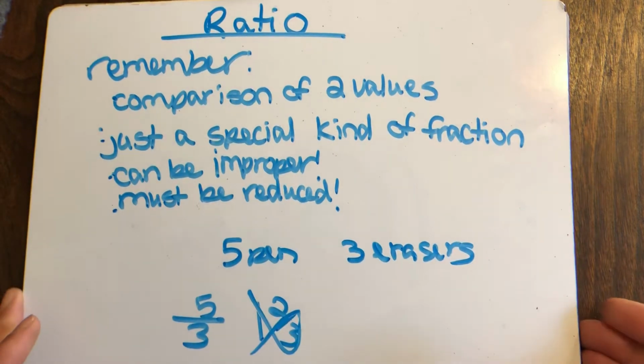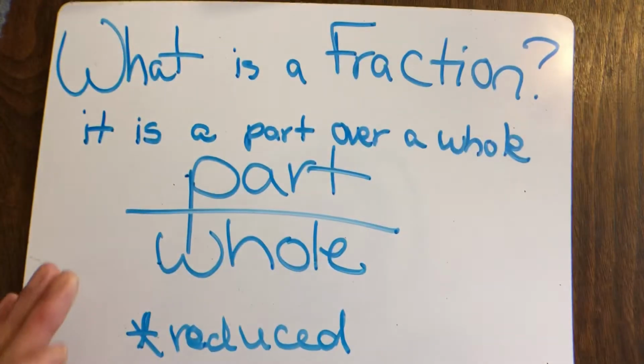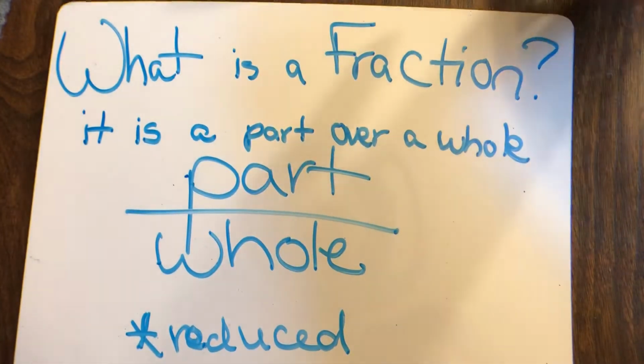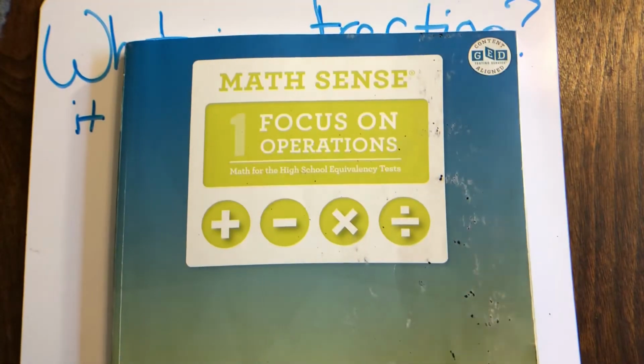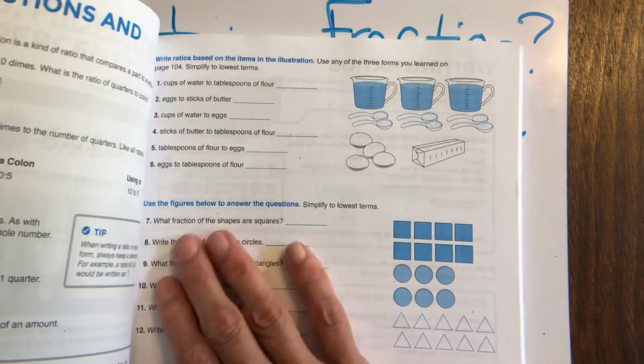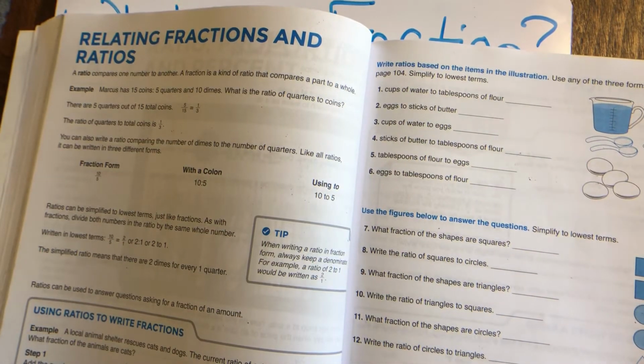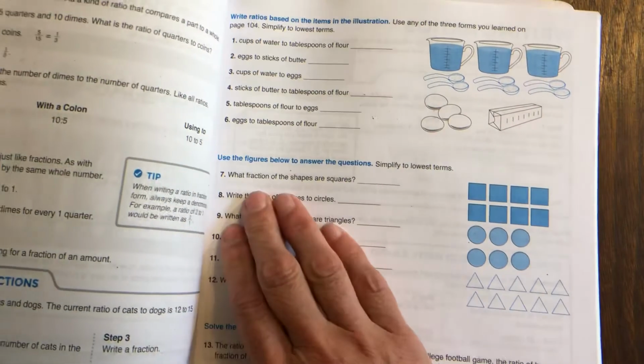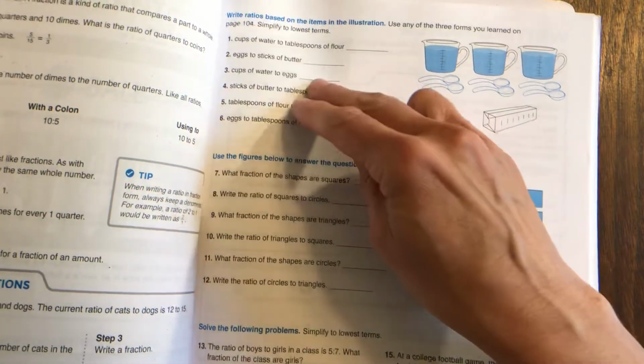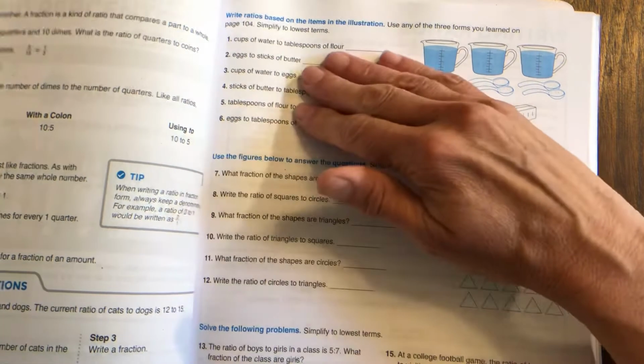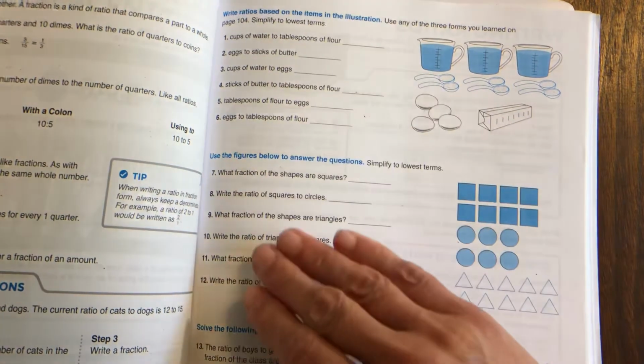So if you're working on these problems from your number sense book, which I like, and you're on these problems about ratios, there is a section in there about fractions. So we're trying to bring our attention to what's the difference between a ratio and a fraction.